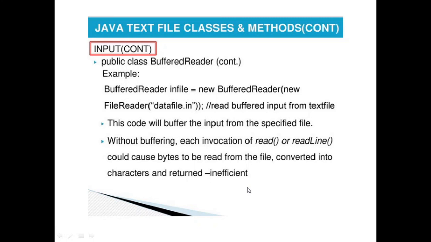What happens is that when we use buffering, it becomes faster for us to read from a file, because without buffering the data is coming directly from the file, so there may be times that you are not able to extract some data for some reason.